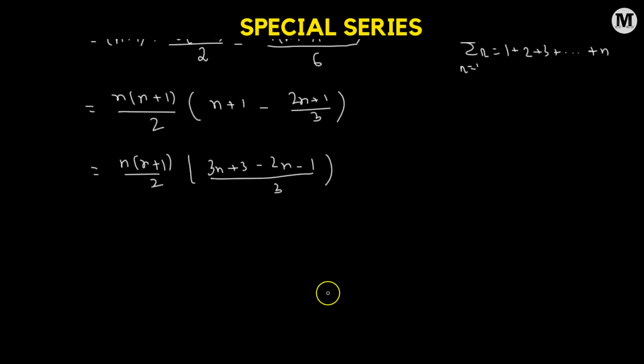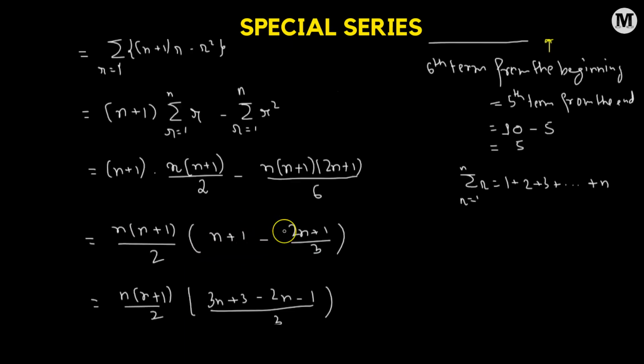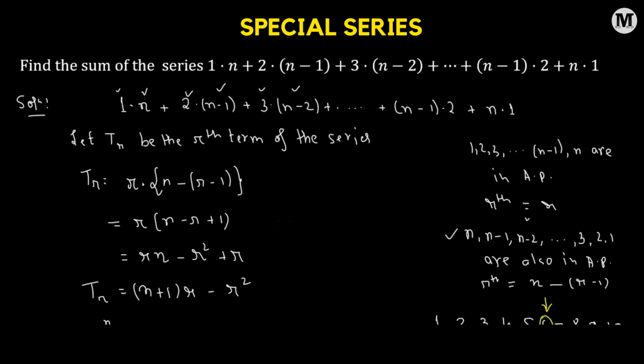Now that's going to give us n multiplied to n plus 1. So 3n minus 2n, that's simply n. 3 minus 1, that's positive 2. We get n times n plus 1 multiplied to n plus 2 whole divided by 6. So this is going to be the final sum of the given series.